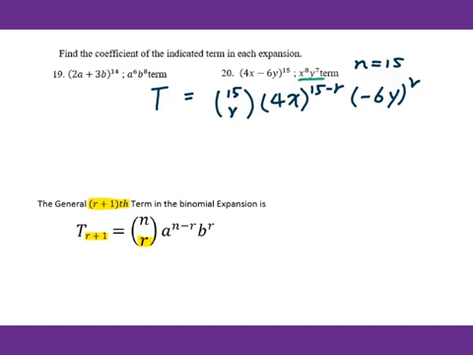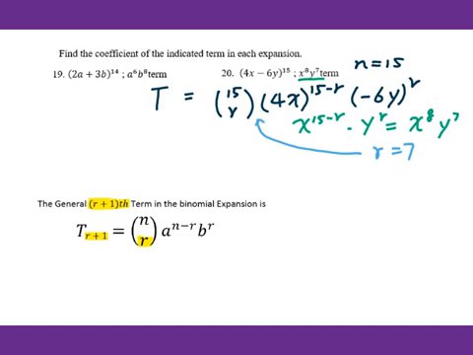Check the variables only. We have x is 15 minus r, and y, do the r's power, supposed to be x to the 8th power, and y to the 7th power. We can solve for r equals 7. Then we plug back in here.